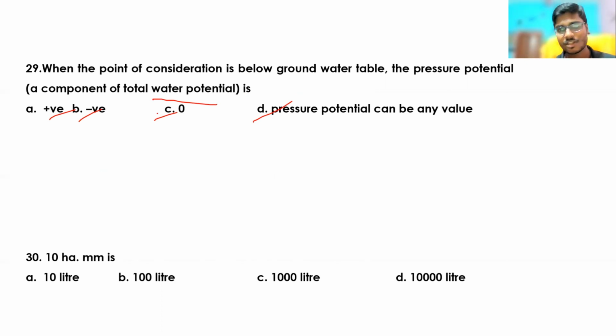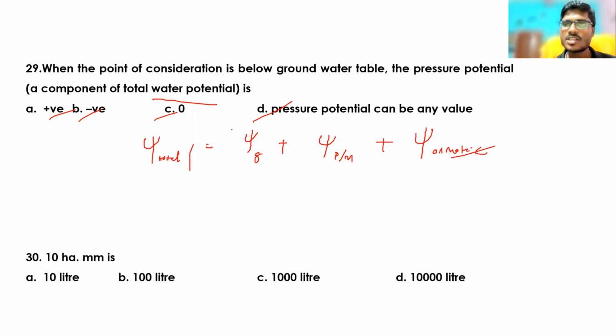We have already discussed water potential, but total water potential has three components. One is gravitational potential, another is pressure or matric potential, and another is osmotic potential.